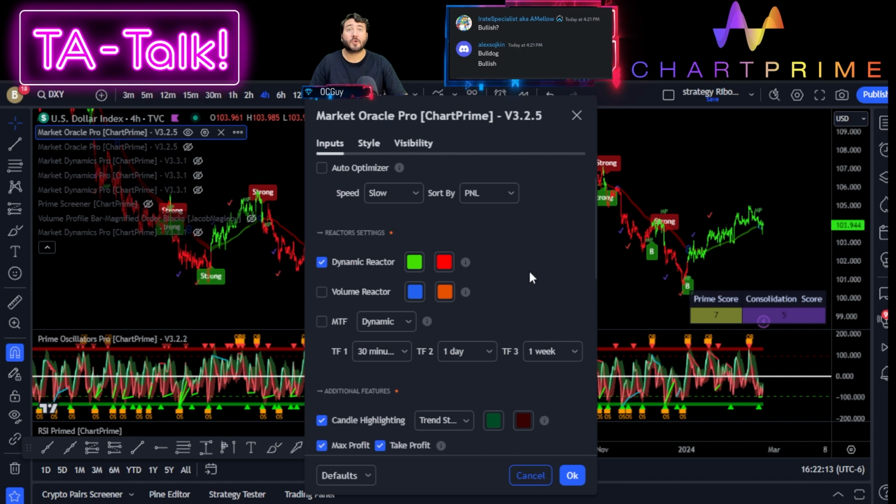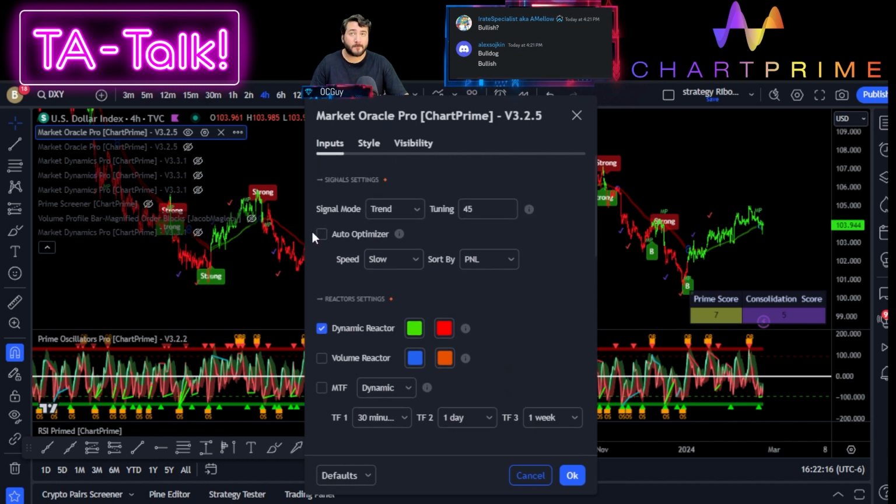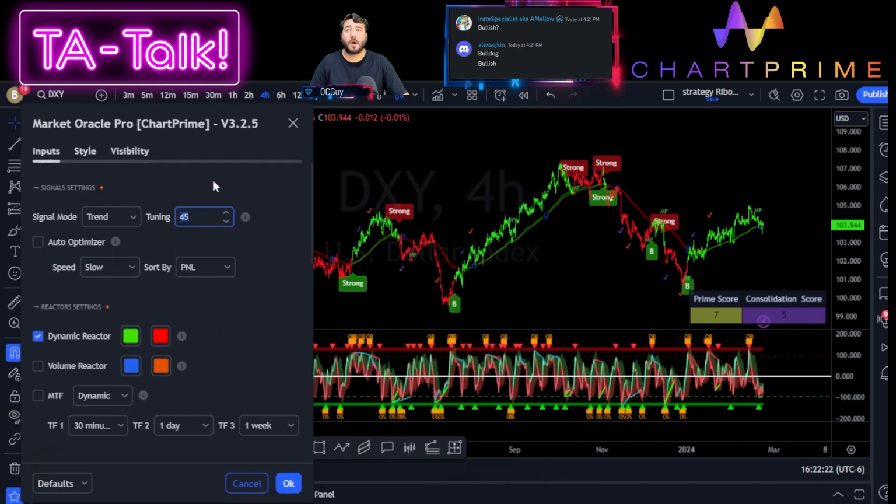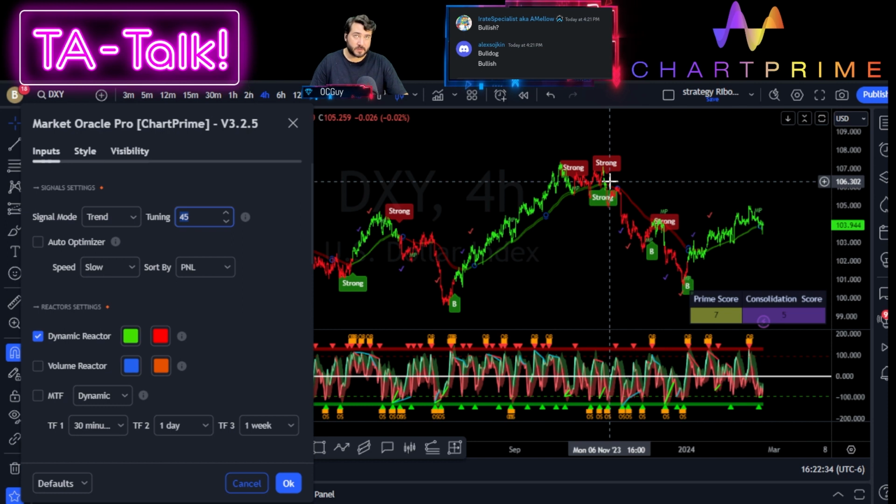I use it to then turn off my auto optimizer and use a custom tuning. I want to tune it until my signals, a strong or buy signal as I break above and a sell signal as I break below, are right.